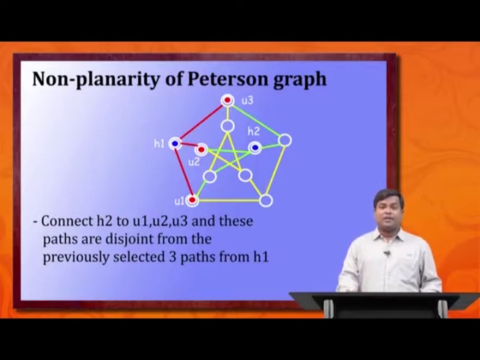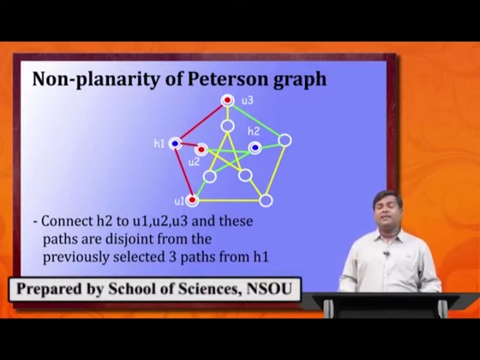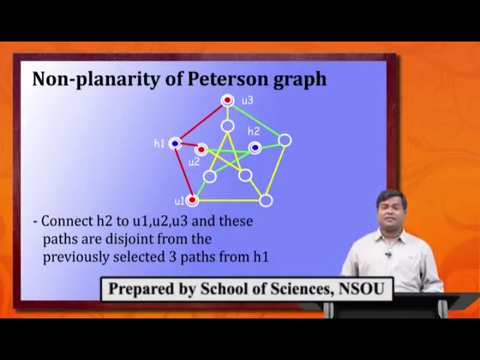Now let's find three different paths from H2 to U1, U2 and U3. I have marked them in green color. So now I have H1 and H2, two vertices of degree 3 connected to U1, U2, U3 by 6 different paths.